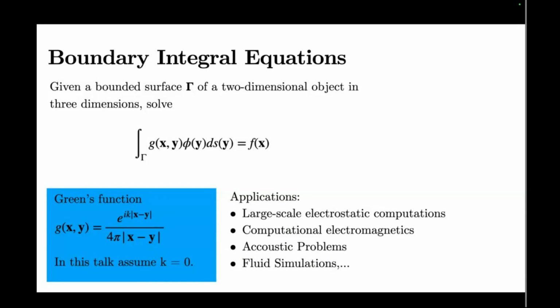A typical form is some integral over gamma of Green's function g of x,y times phi of y ds of y equals some right-hand side f of x. Our task is to solve for this phi. That's a very typical task, and it's the most simple form of this.